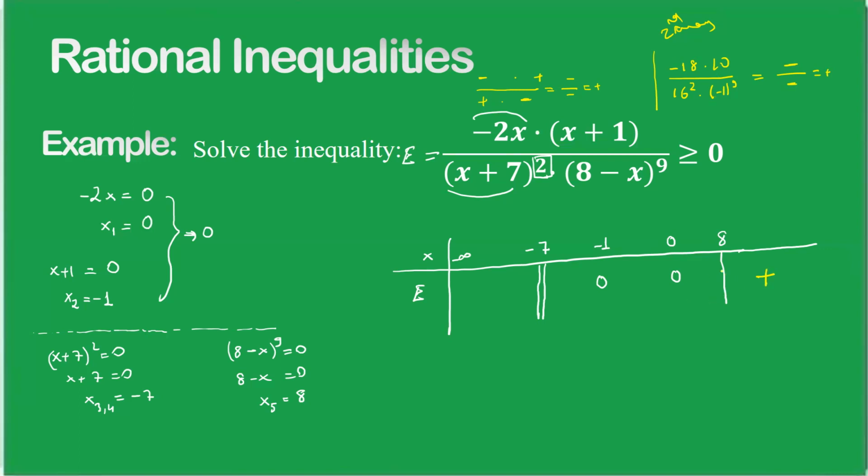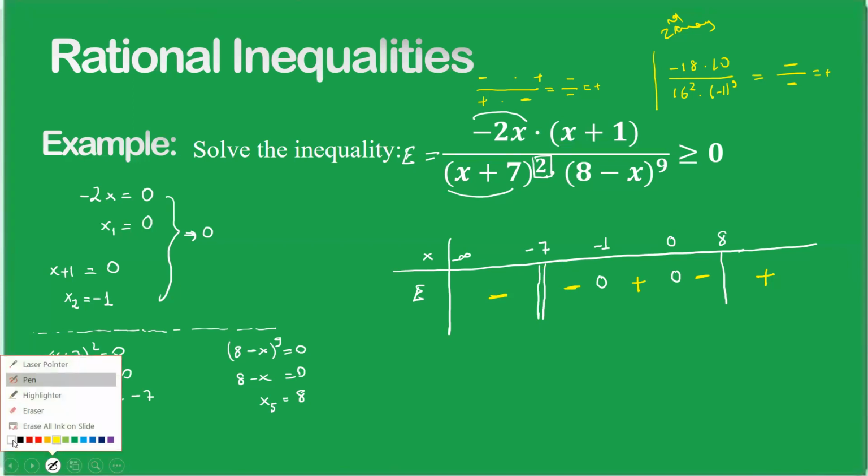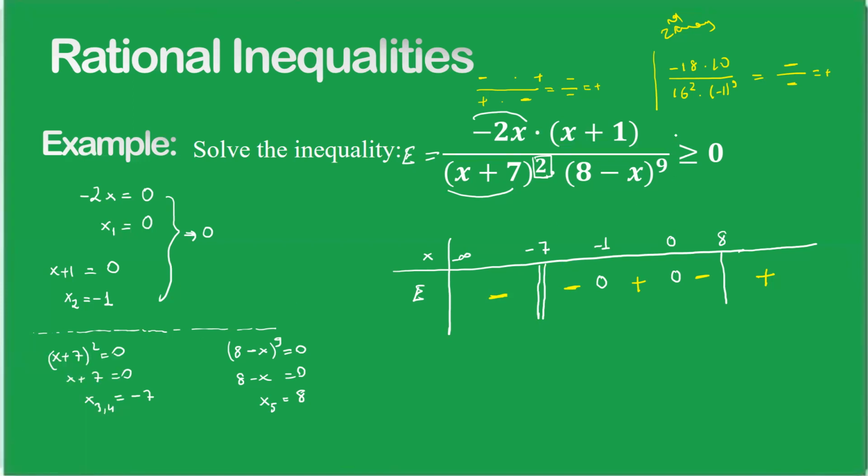It is not a double root, so we have to change sign. Here again we have to change, negative. And what about here? We have a double root, so we're not changing. Now, what about the symbol of inequality?